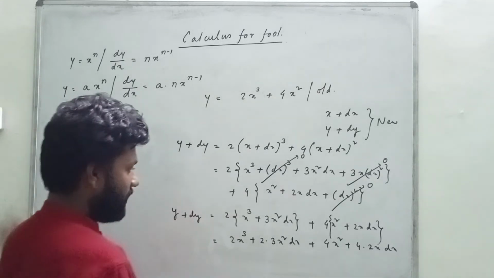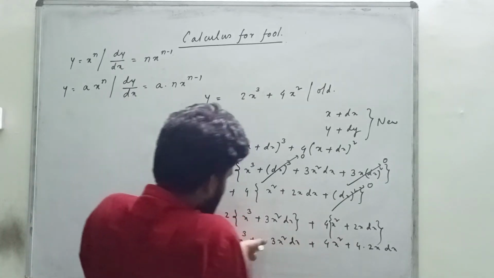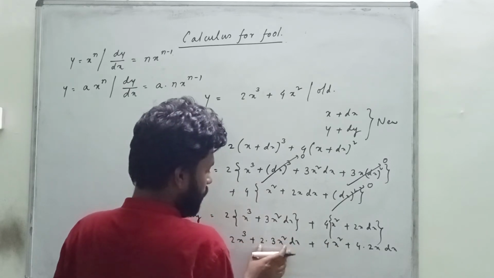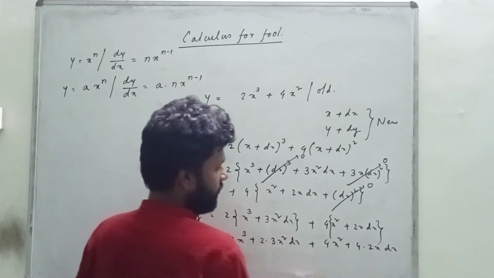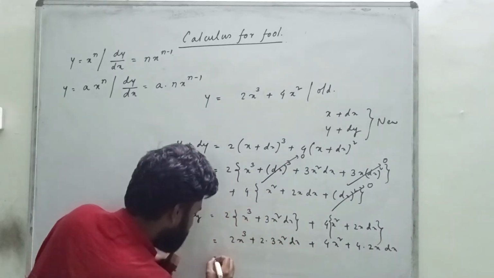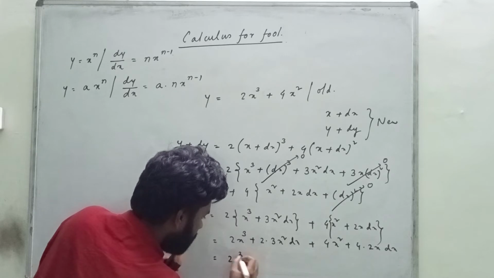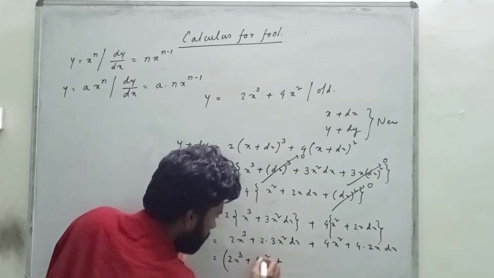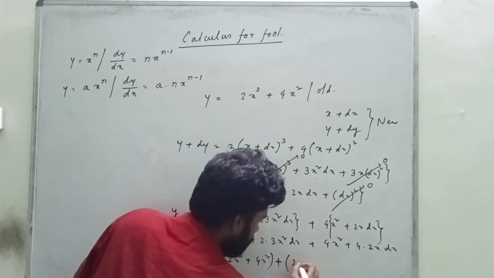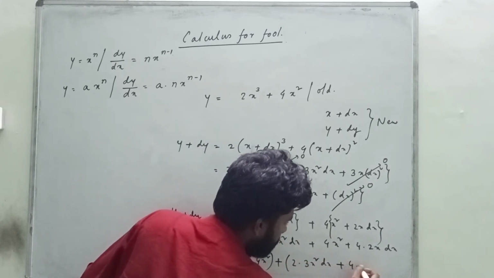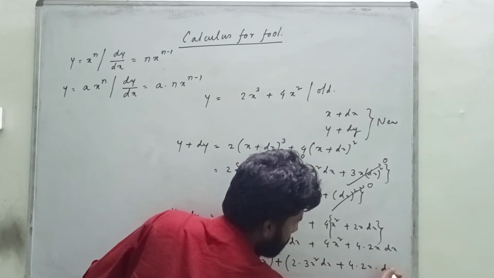And then if you just jumble up 2x cube and 4x squared, and then 2 into 3x squared dx and 4 into 2x dx, it's a very similar thing: 2x cube plus 4x squared plus 2 into 3x squared dx plus 4 into 2x dx.